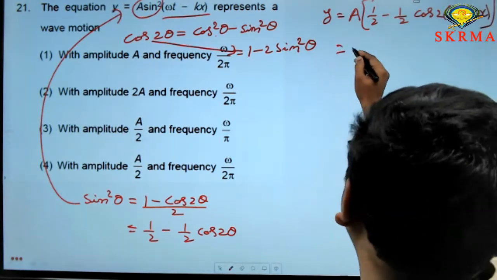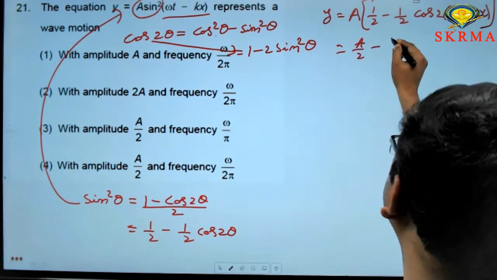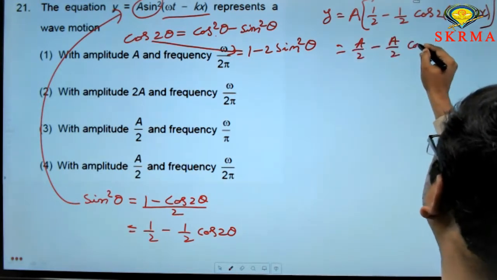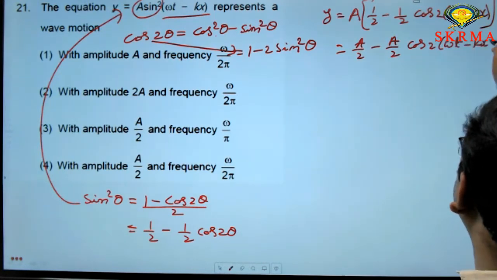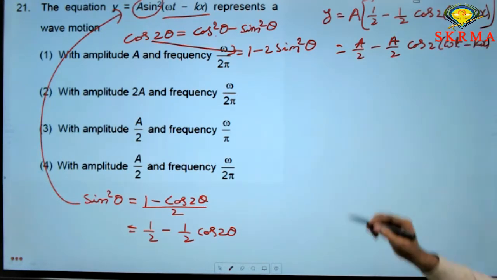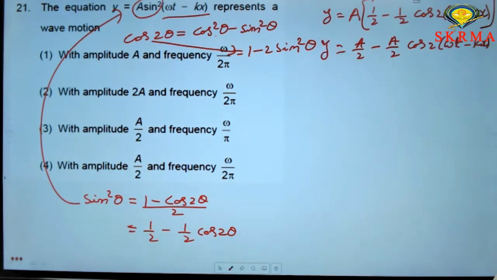Now rearrange: a by 2 minus a by 2 cos 2 into omega t minus kx. This is the y value. Now from this, what is the amplitude of the motion? A by 2 is the amplitude.